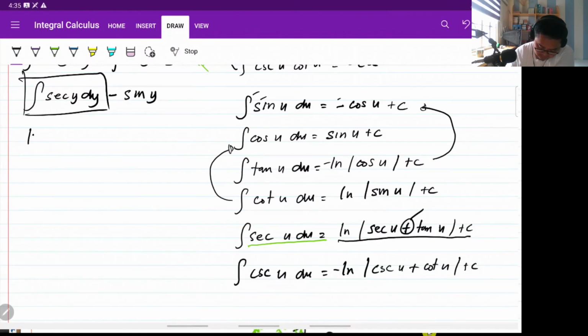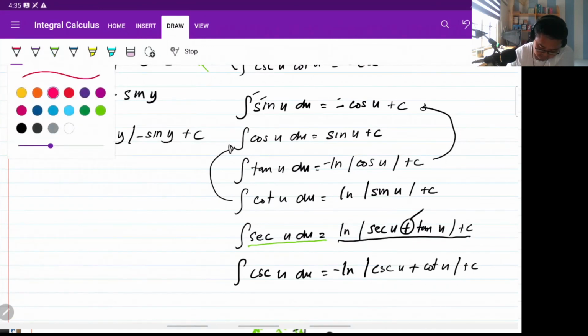So this is ln of secant y plus tangent y, minus sine y plus c. So this is now the final answer.